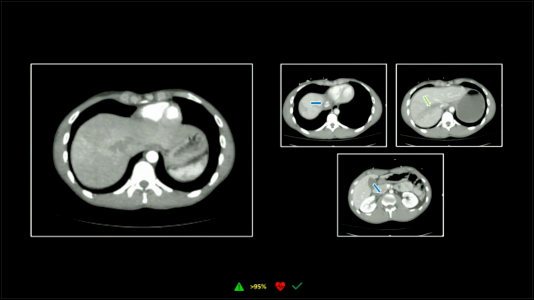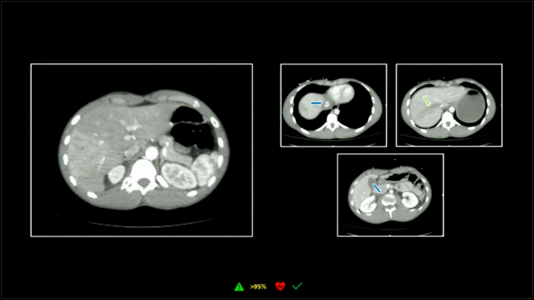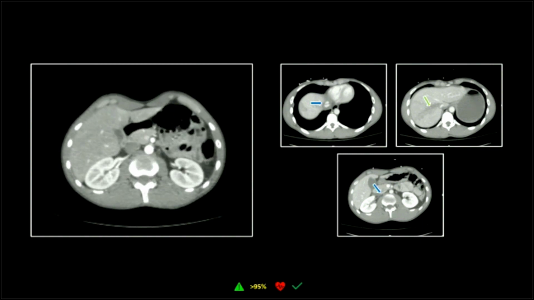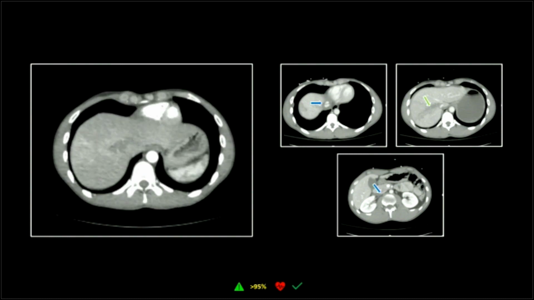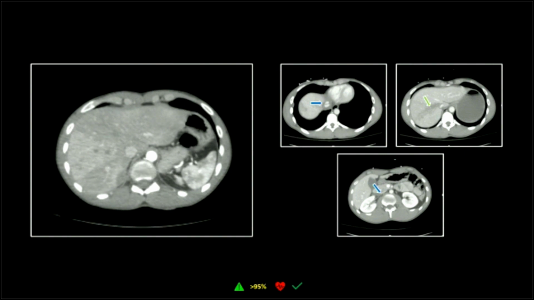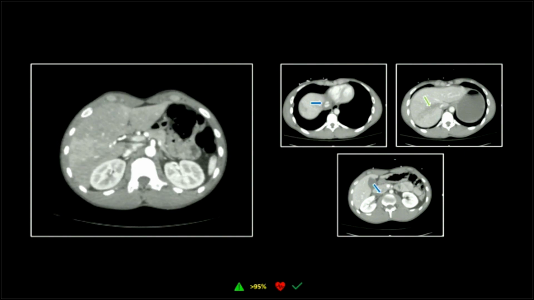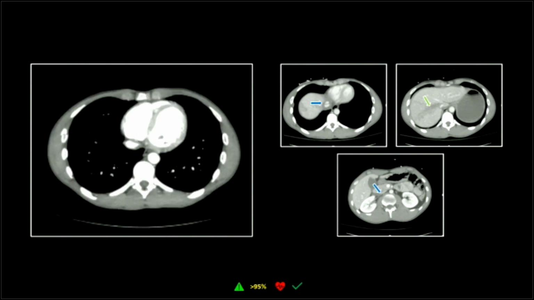Right, so here, with a delayed, with those crazy perfusion changes, it's actually hyperdense. And there's no opacification of the right hepatic vein. Let that go one more time.